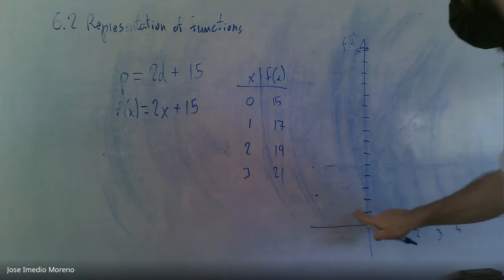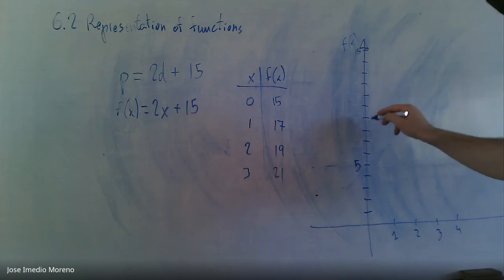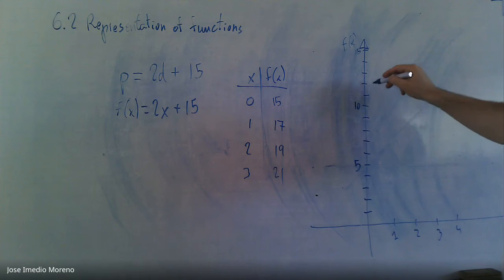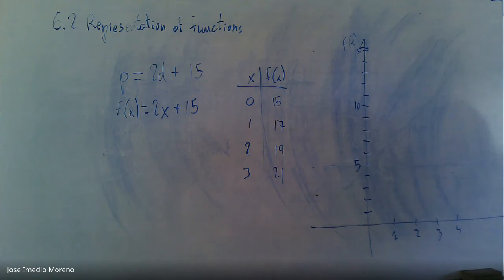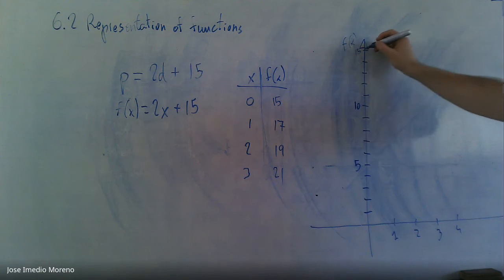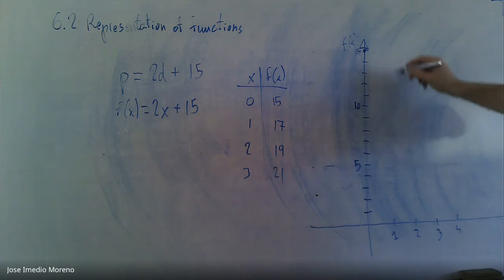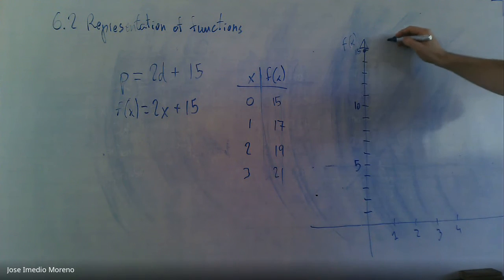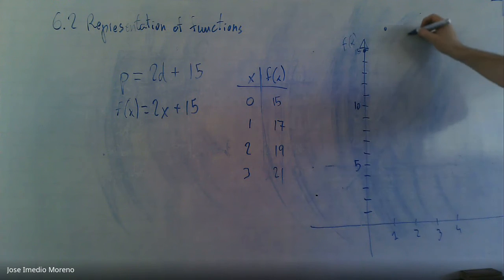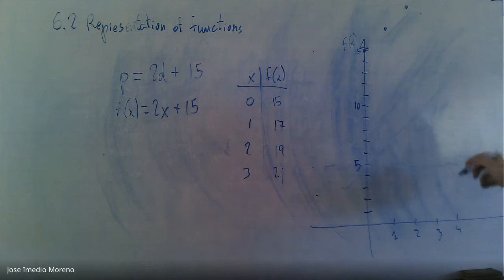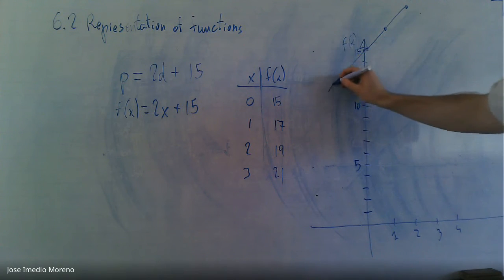Okay, good. I can do it like this. Then I have the points 0, 15, 1, 17, 2, 19, 3, 21, and so on. Okay, and it's like this.